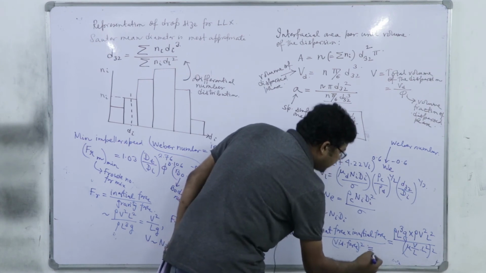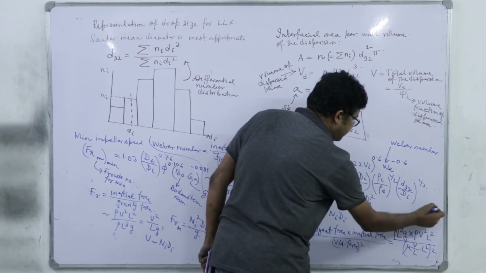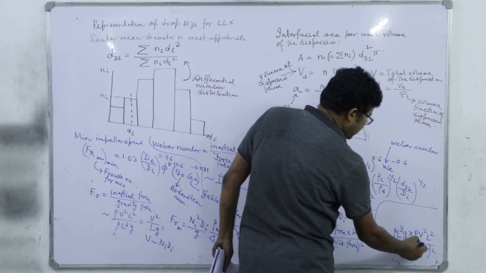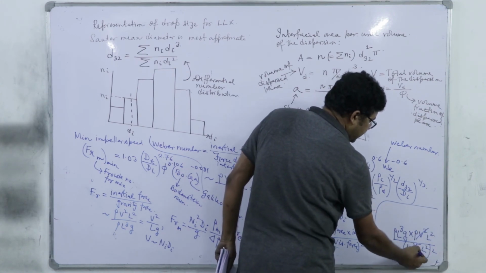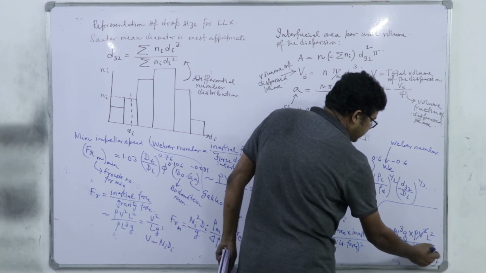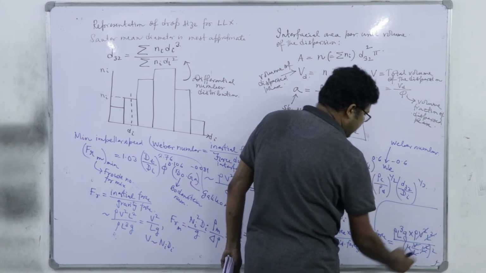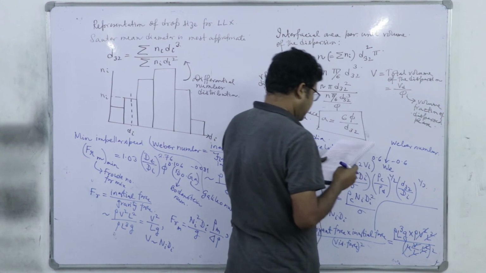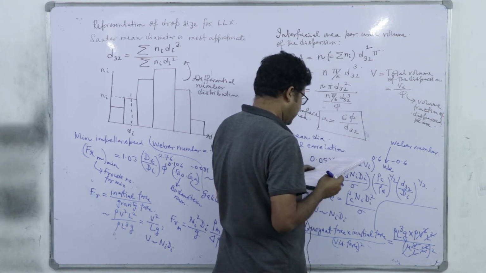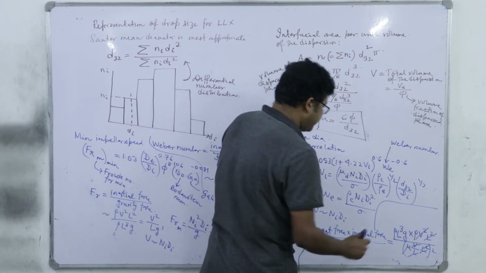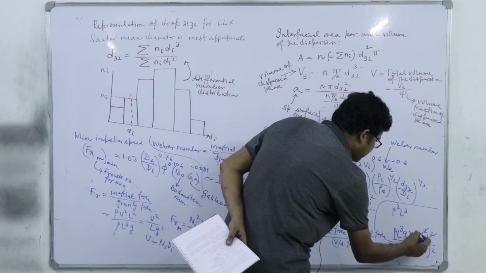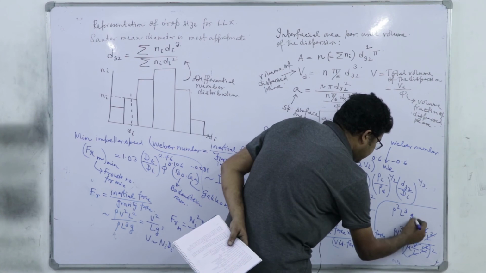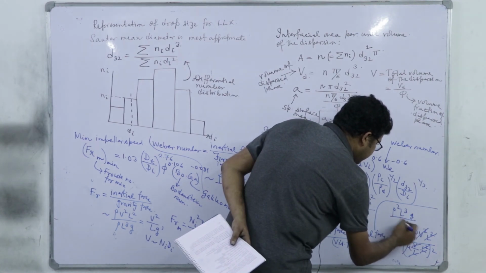So, see what it will become: this V square and V square cancels out. Here we have got L, so L square and L square cancels out. So, the Galileo number in general becomes rho square L cube G divided by mu square.